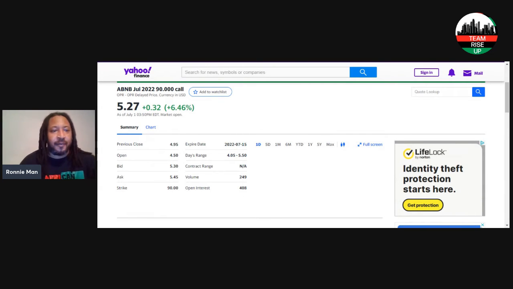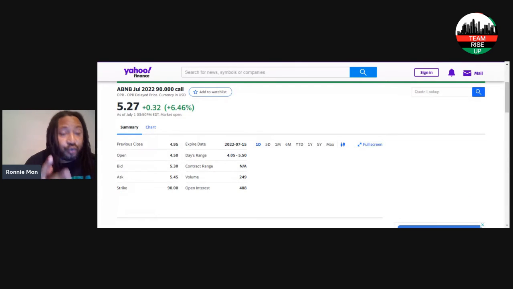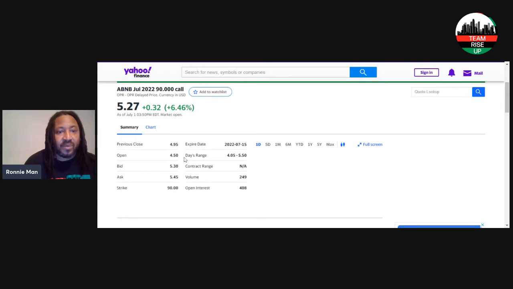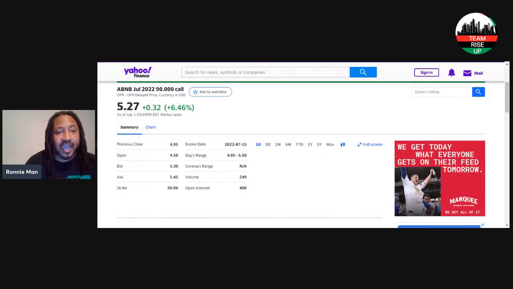Now, the way I track my trades is twofold. Generally, for a macro view of the contract, tracking it from the day that I enter the trade, I look at all of this data and I get the open price and the high price from the range. What I'm looking for is the percentage from the open price to the high price.